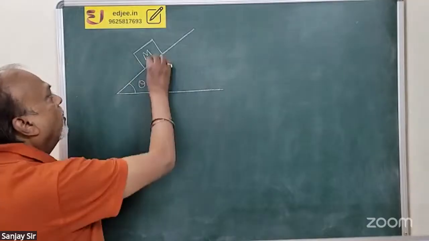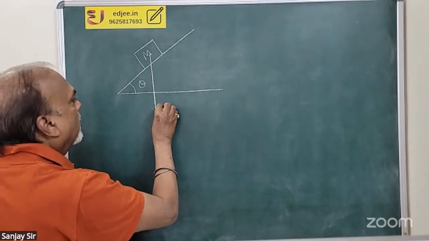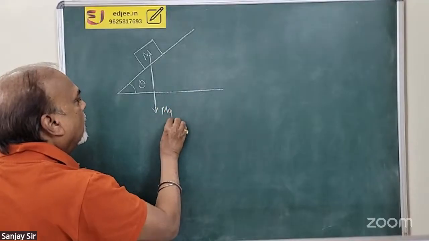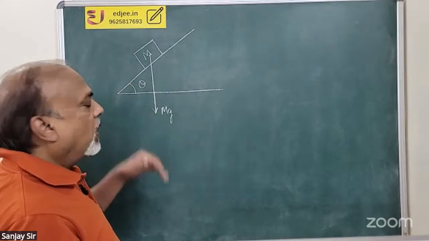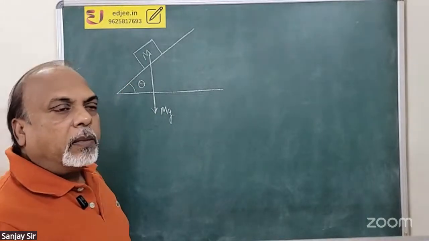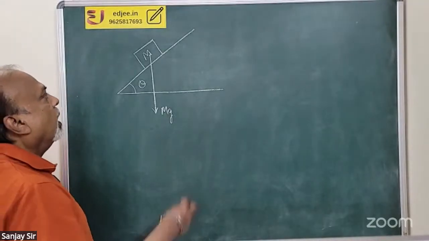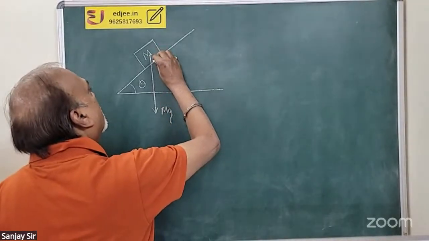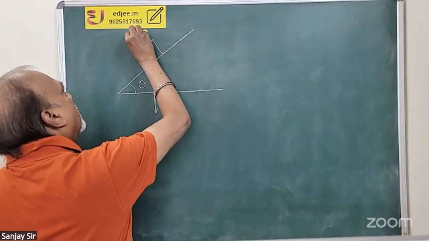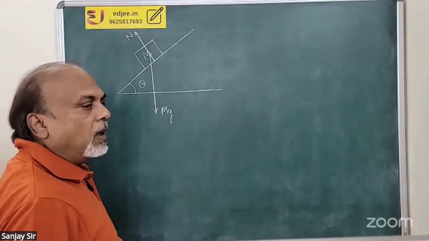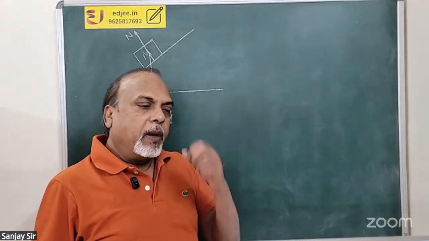So, what will happen? It will have a gravitational force downwards due to the mass. It will have a normal reaction due to the plane, correct?